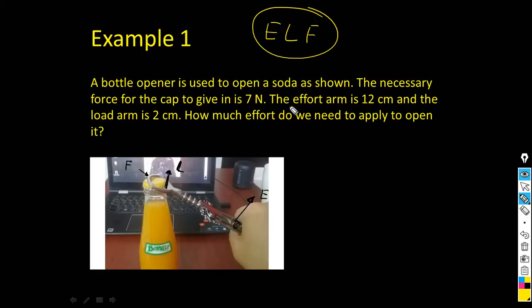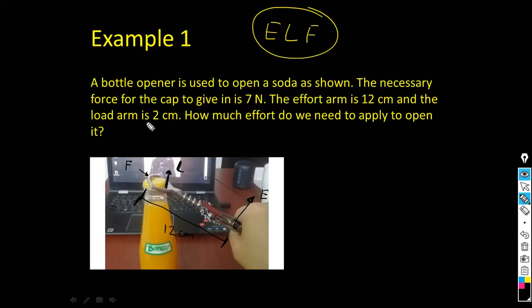The problem, it says the effort arm is 12 centimeters. Let's see what is the effort arm in here. Remember, the effort arm is the distance that goes from the fulcrum to the effort. So all of this is in fact 12 centimeters. And let's keep on reading.